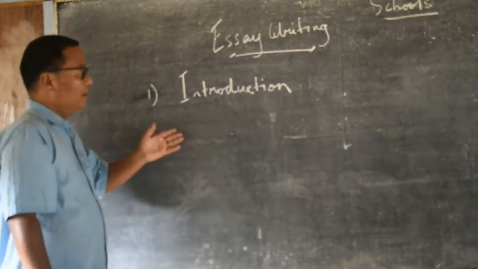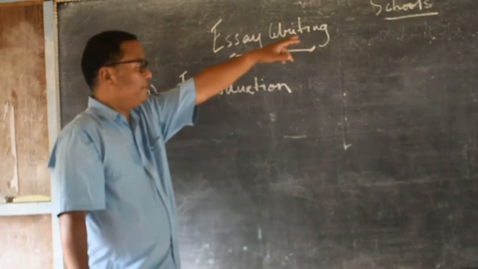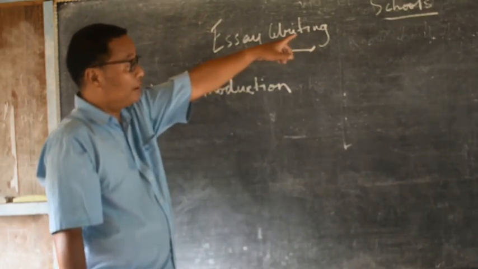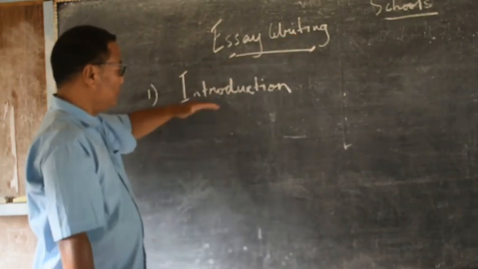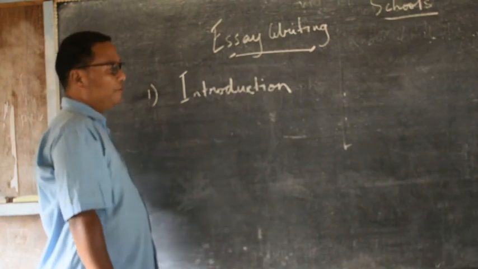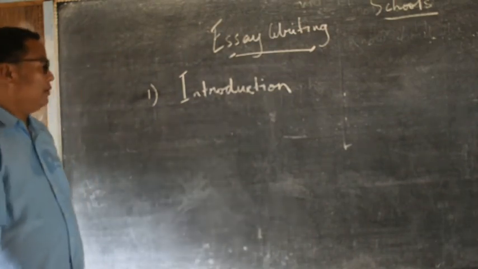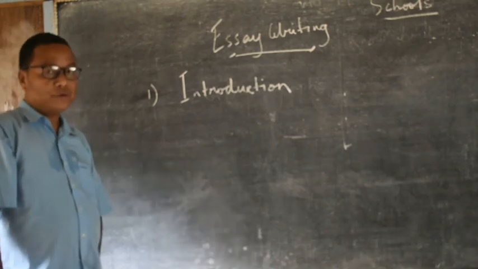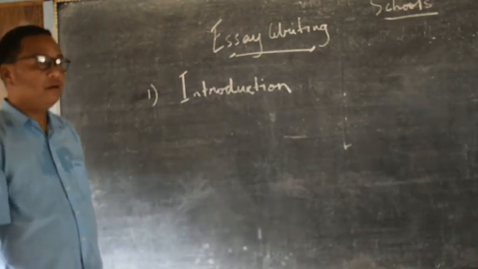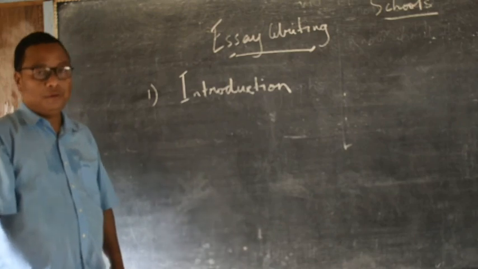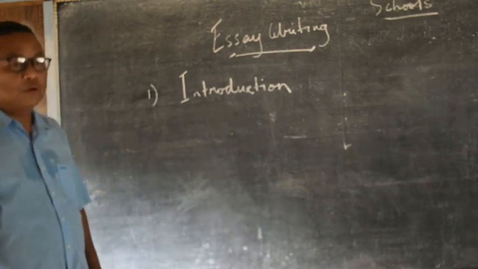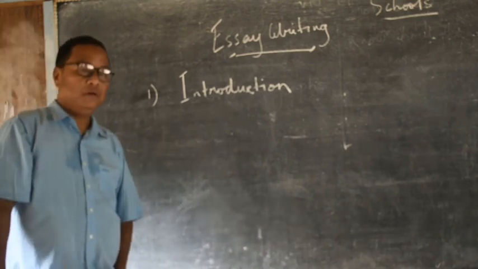So here, for example, if our assignment is to write an essay on schools, in the introduction we define what schools are. We can say schools are institutions where children go to acquire knowledge.